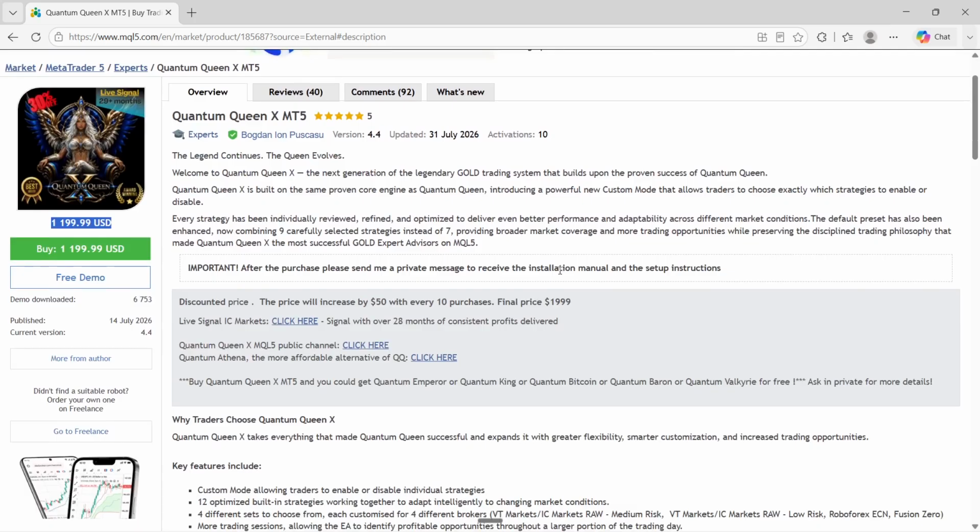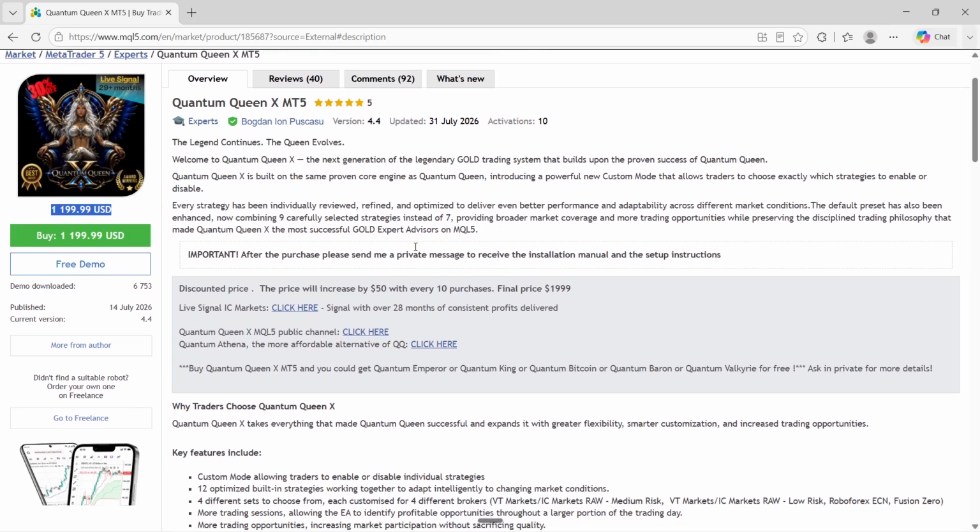Live signals with multi-year track records are referenced, and limited pricing with step increases is noted. After purchase, the developer provides an installation manual and setup instructions via private message.